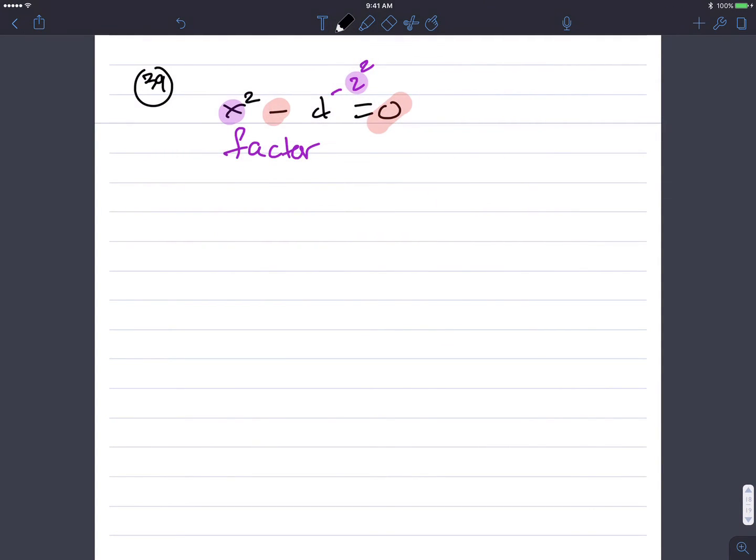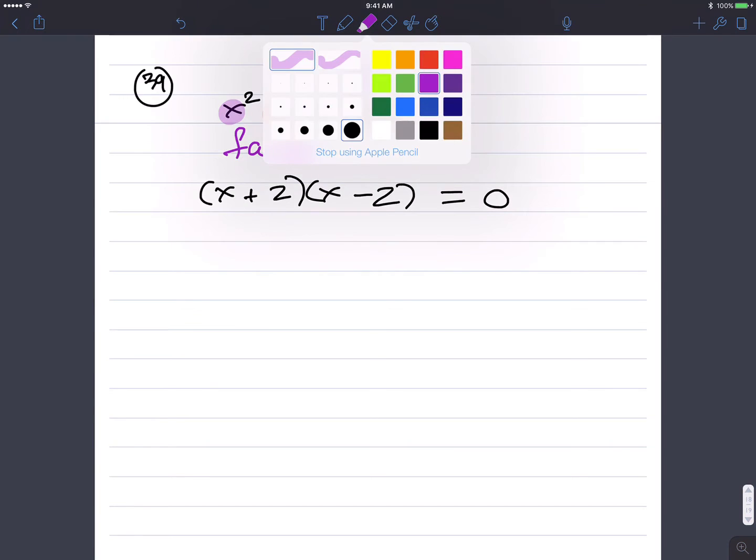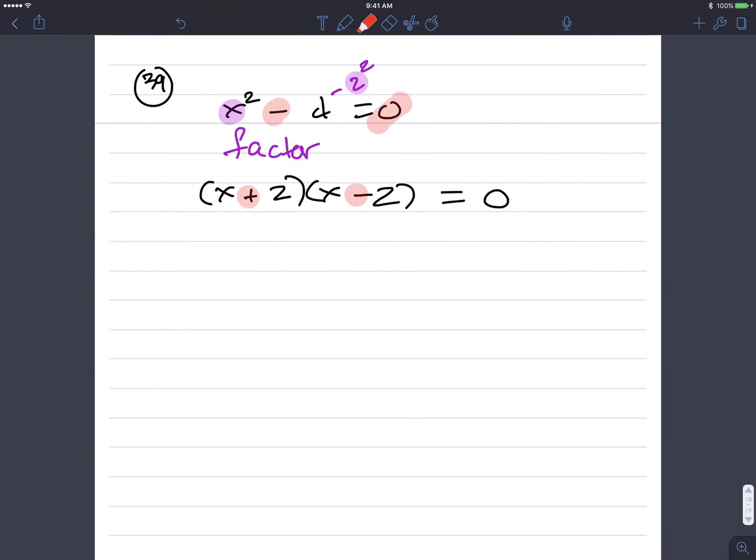Now by the factoring formula, difference of perfect squares, what do I write down? You guys know what I write down? X plus what? 2, x minus 2. Okay, you write down your two bases, but make sure again you have plus and what?